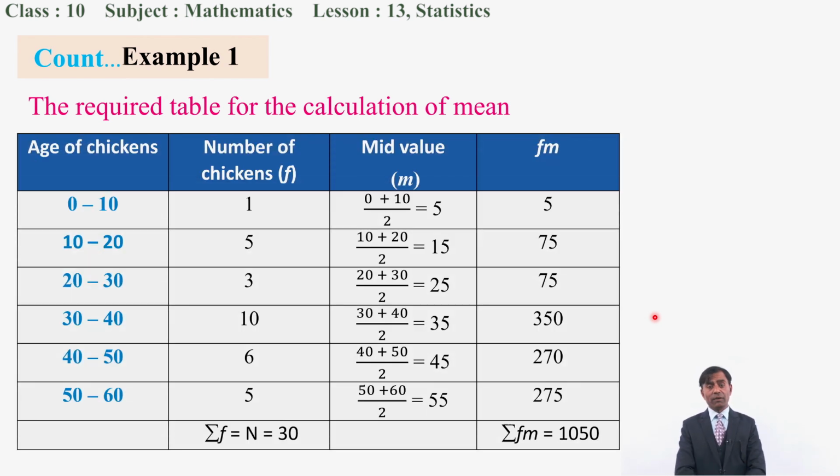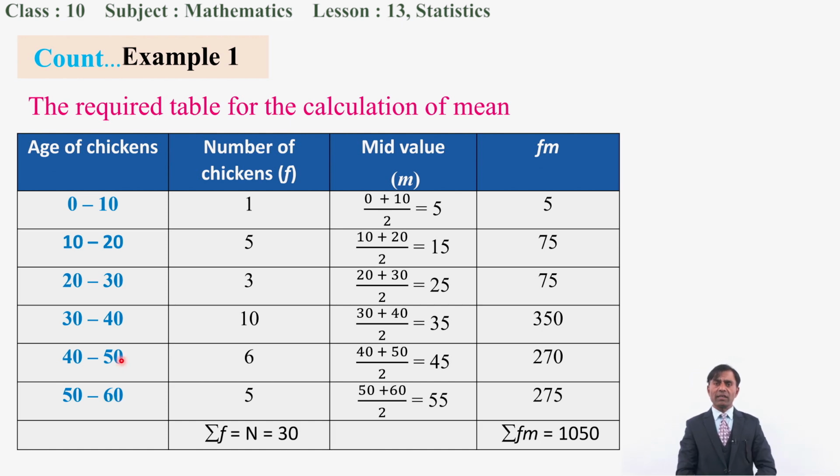The required table for the calculation of mean age of chickens: we are grouping 0 to 10, second 10 to 20, third class is 20 to 30, fourth class is 30 to 40, fifth class is 40 to 50, and sixth class is 50 to 60.